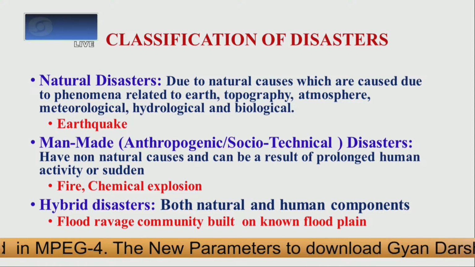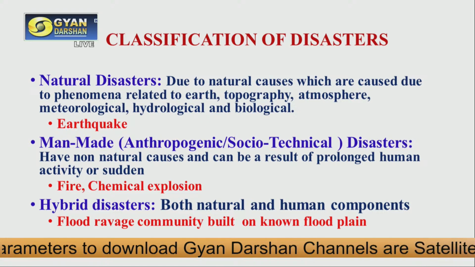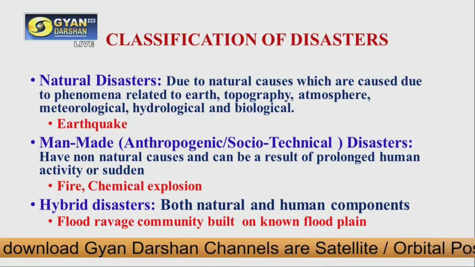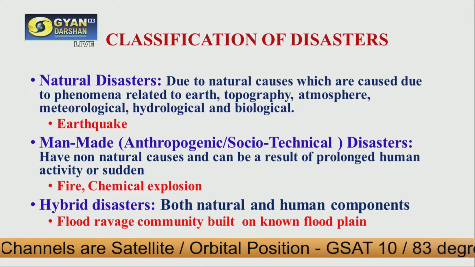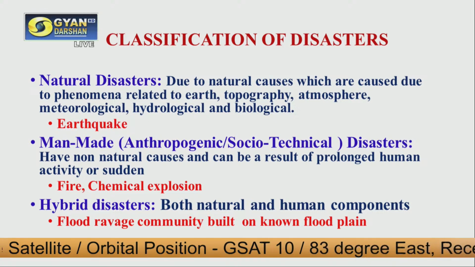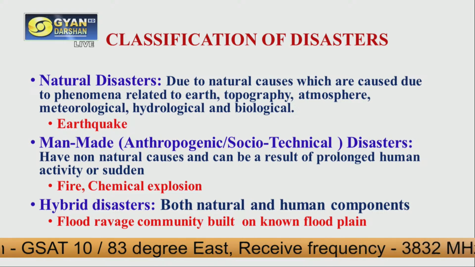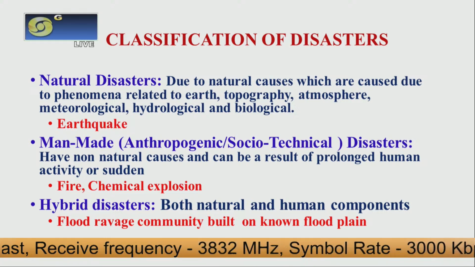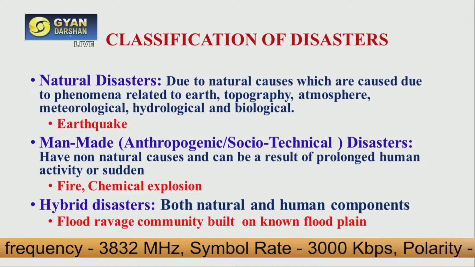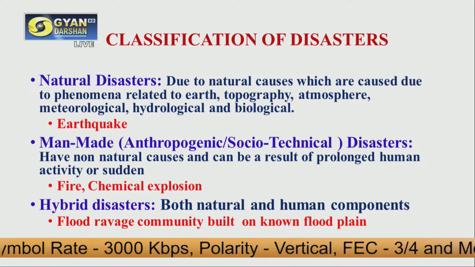Natural disasters are due to natural causes. As the name suggests, natural disasters are caused by things which happen in nature, caused by phenomena related to the earth, topography, atmosphere, meteorological, hydrological and biological things.